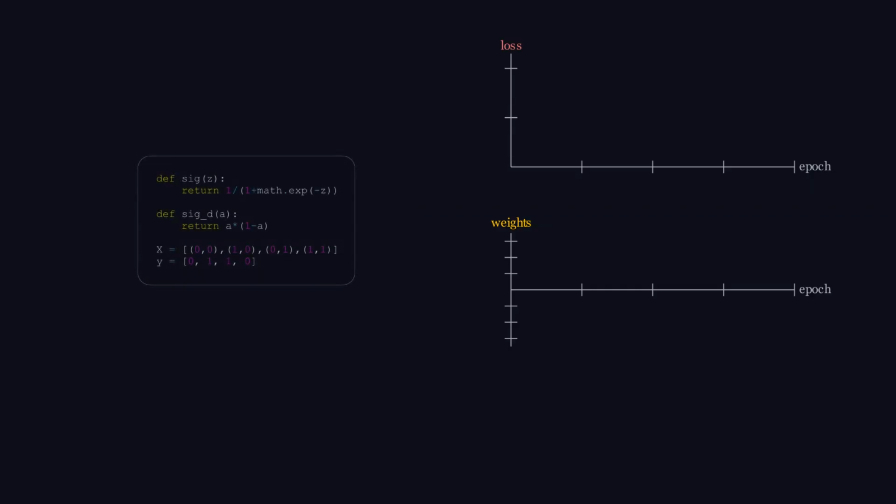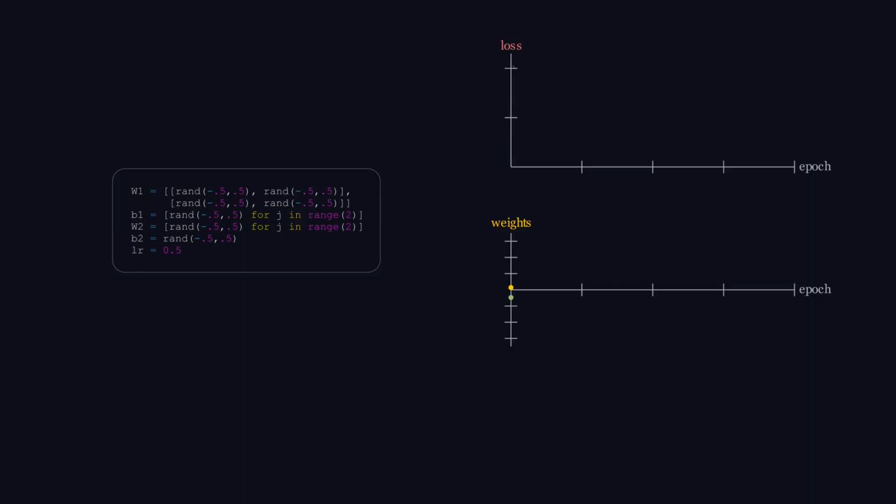Let's watch a network learn XOR from scratch using the backpropagation we just derived. Architecture: 2 inputs, 2 hidden units with sigmoid activation, 1 sigmoid output. Weights and biases generated randomly, small values near 0.